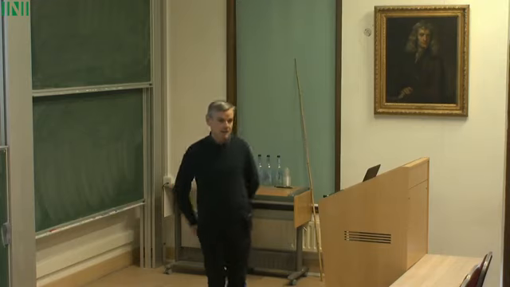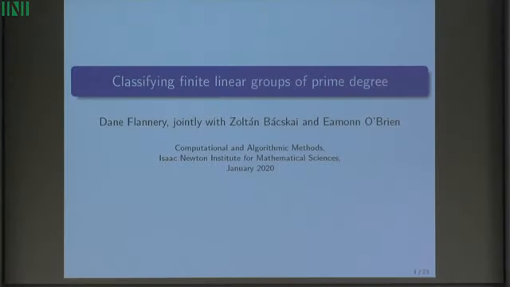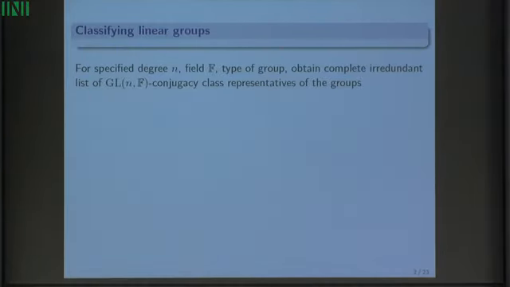What I need to do at the beginning is be clear about what we mean by the word classify, because it's been interpreted variously, at least within linear group theory. So a classification for us is a classification in GL that is complete, irredundant, and explicit.